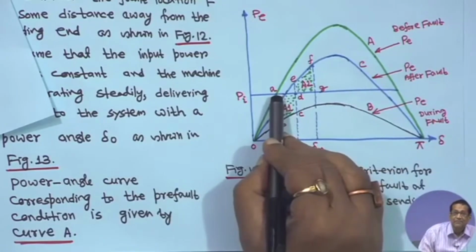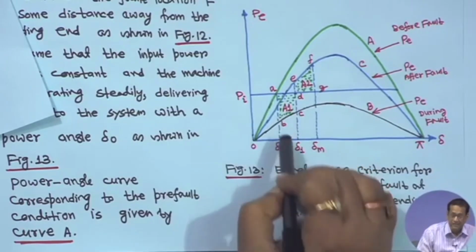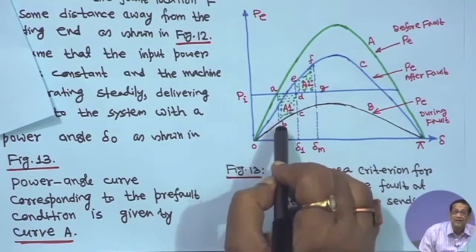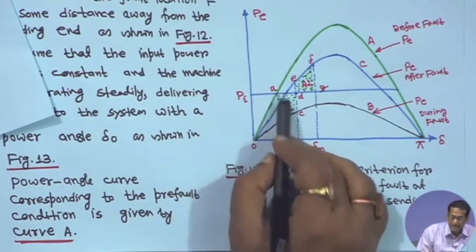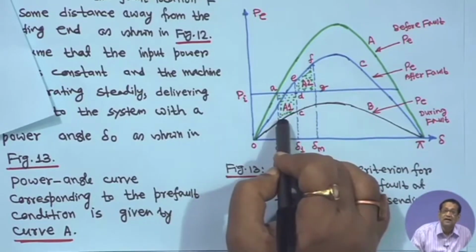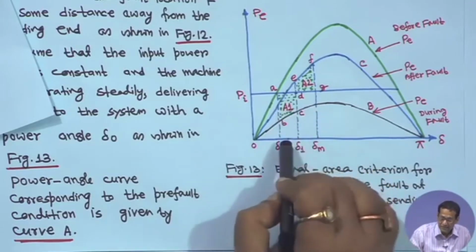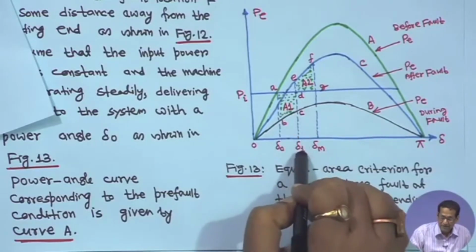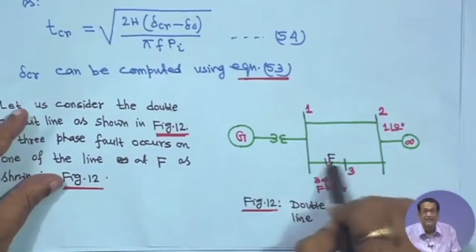Initially it was at A, then a fault occurred and the power transfer capability decreased, so the black graph came and A moved to B. Now the input power is greater than the electrical power, so the rotor will accelerate and store kinetic energy, and the angle delta 1 continuously increases. At some point the fault is cleared and the line is isolated.